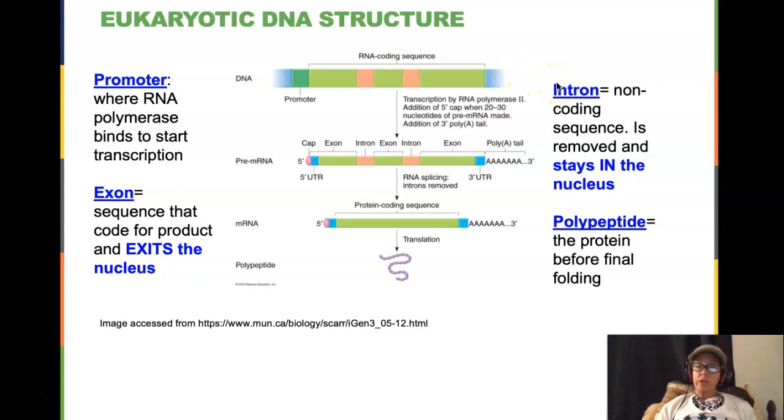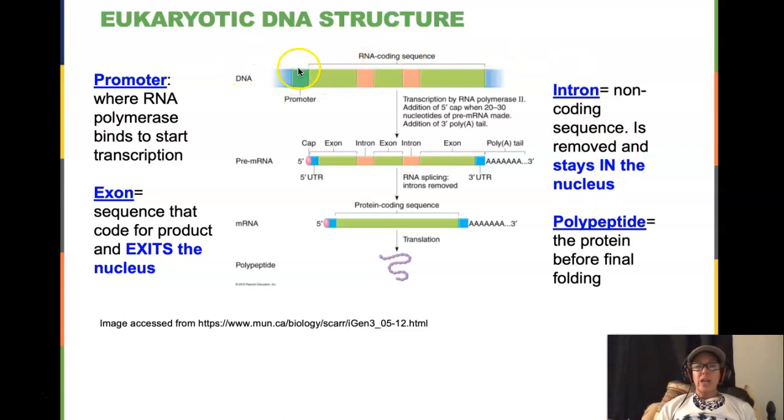Introns are the non-coding region because they get removed from the initial RNA transcript and they stay in the nucleus. So exons exit the nucleus so that ribosomes can read them. Introns stay in the nucleus and they get digested and their nucleotides get recycled.